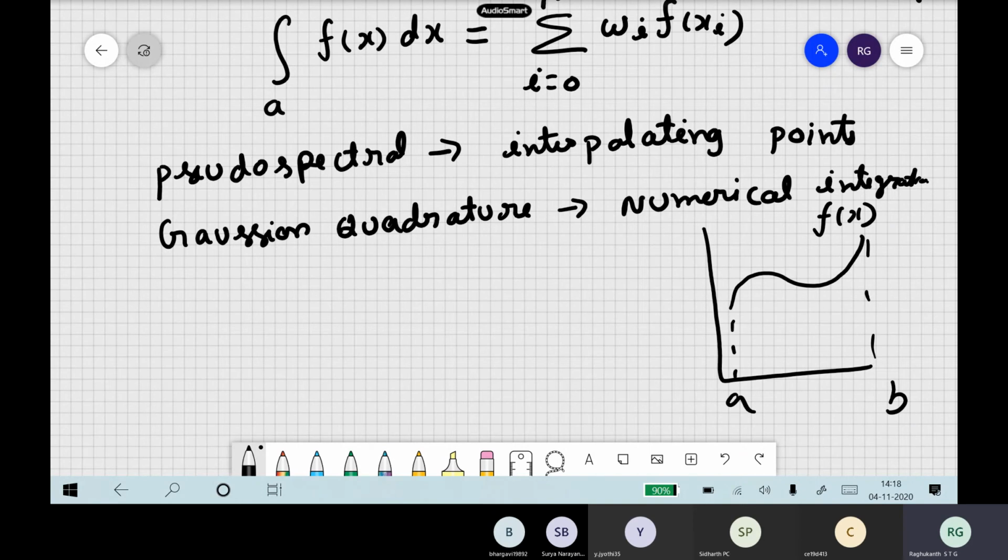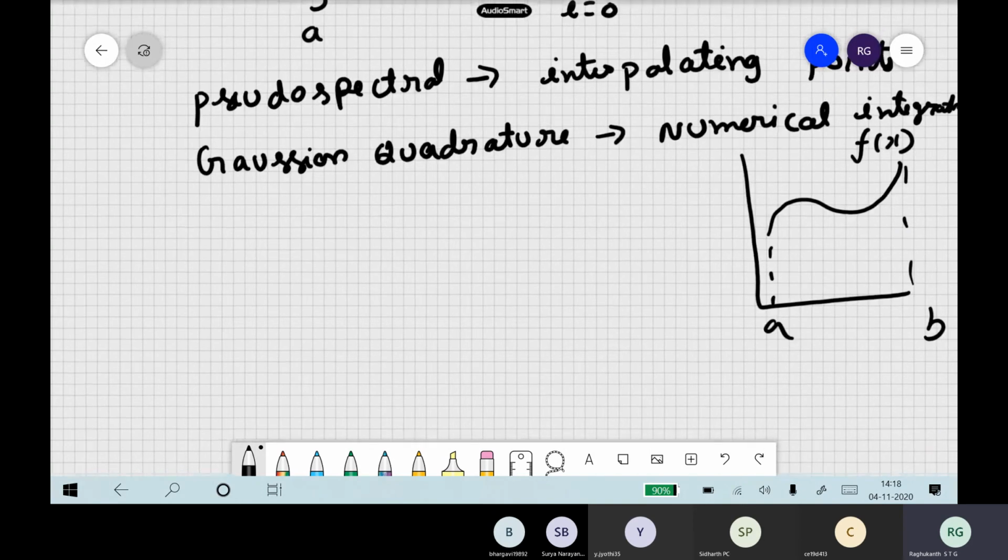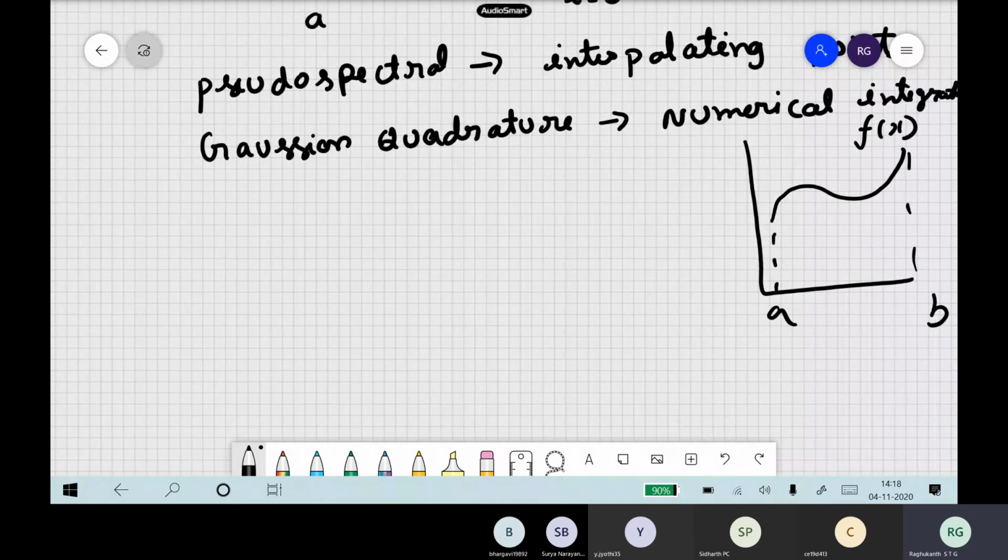How do you do a numerical integration? What is the famous rule we use?